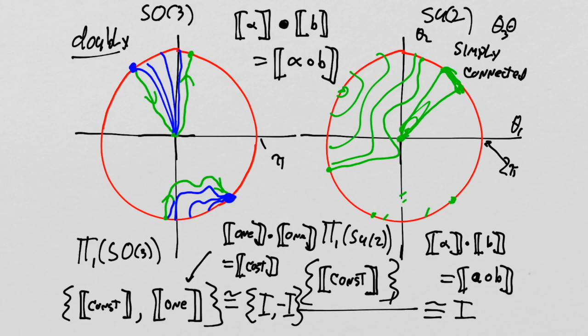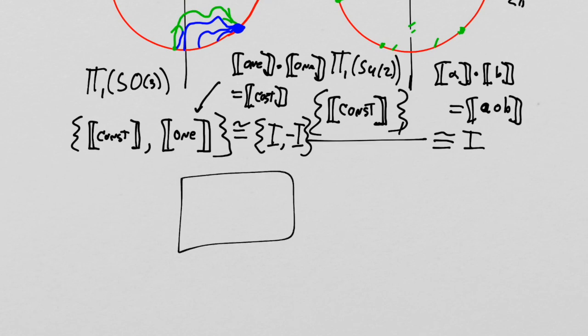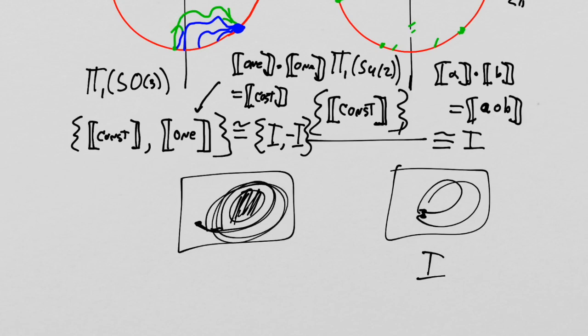Doubly connected is kind of fascinating, right? Because remember, for the regular plane, clearly the fundamental group is trivial. All loops in the plane are homotopic to the constant loop. When you throw one little hole in it, all of a sudden, as we studied last time, that fundamental group became equivalent to the integers, right?